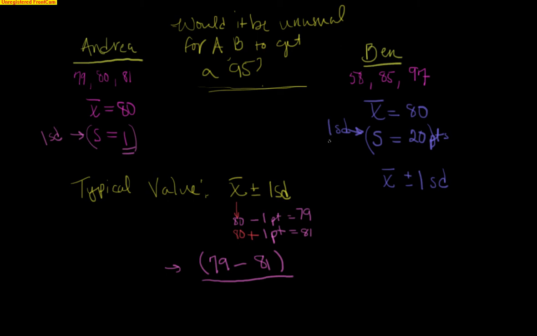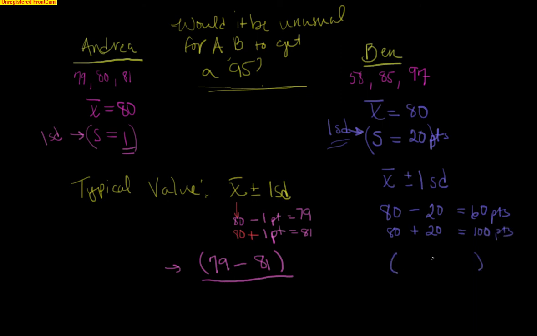So Ben's typical score would be 80 minus 1 standard deviation of 20 points, which would equal 60 points. So you're dealing in the same units. And the upper limit for him would be his mean plus that 1 standard deviation of 20 points, which is 100 points.